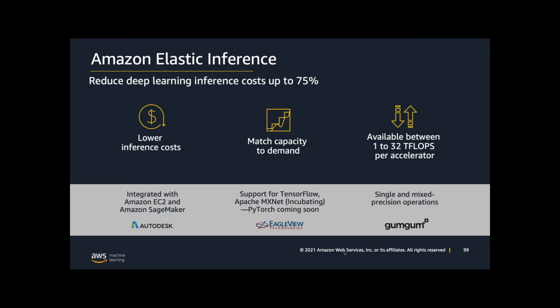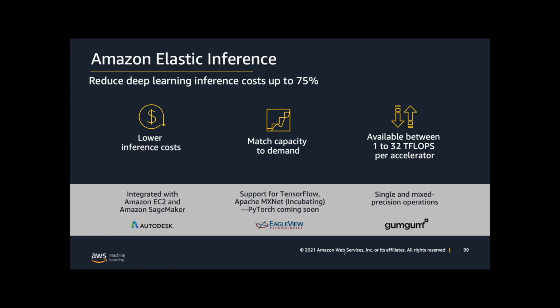And also the second point is that different models need different amounts of GPU, CPU, and memory resources, right? So by selecting a GPU instance type, sometimes it's big enough to meet the requirements of the most demanding, but sometimes it's not.